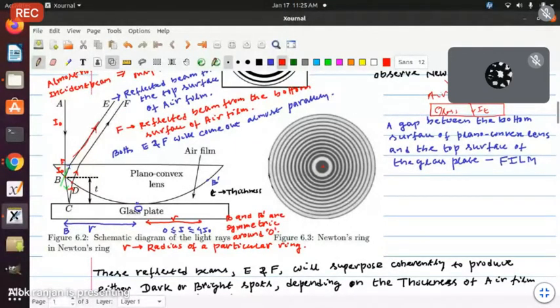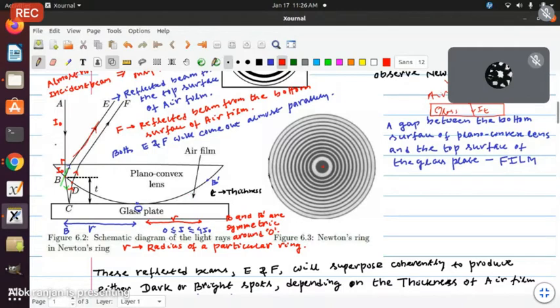So if it is normal incidence, it is possible when the curvature side, or the convex side, of this plano-convex lens is almost flat. I'll talk about it maybe later. As we know, curvature is defined by the radius of curvature.